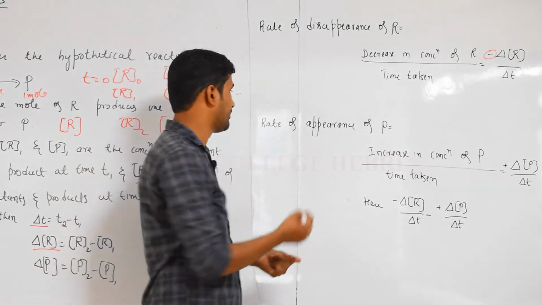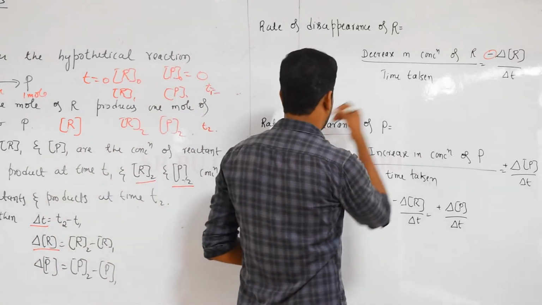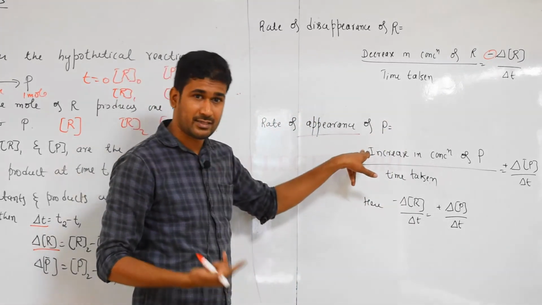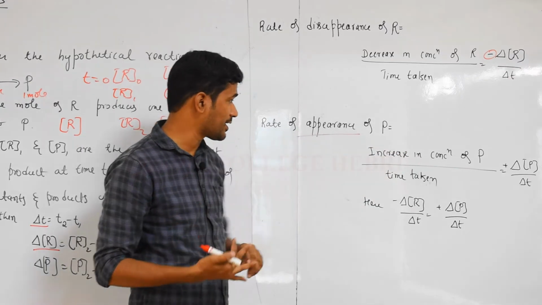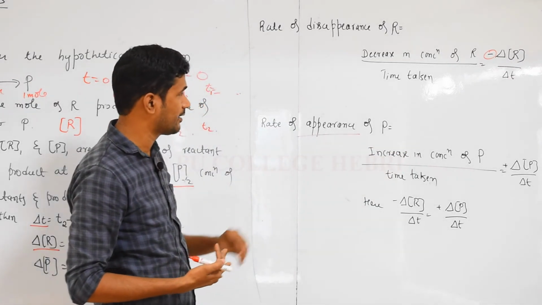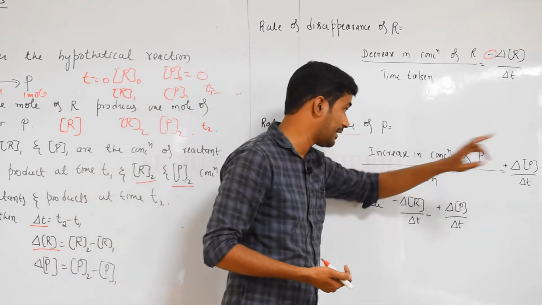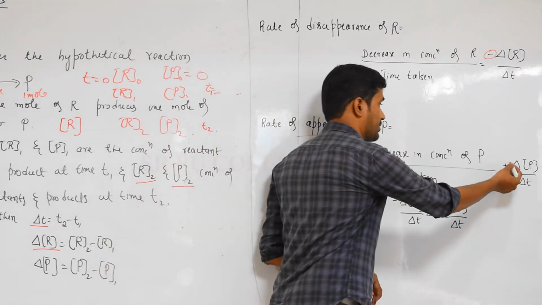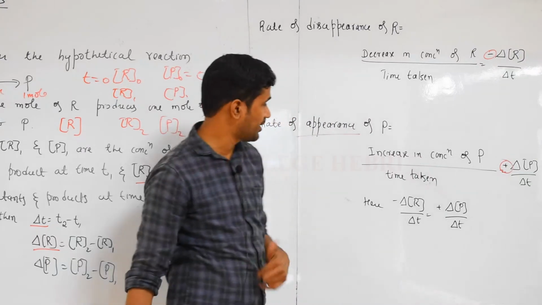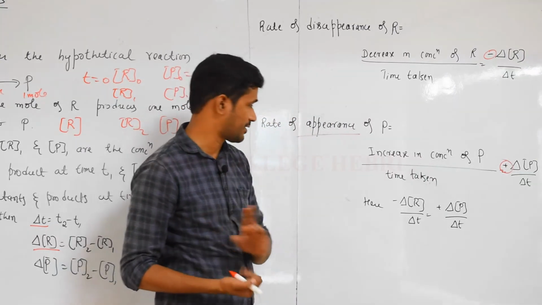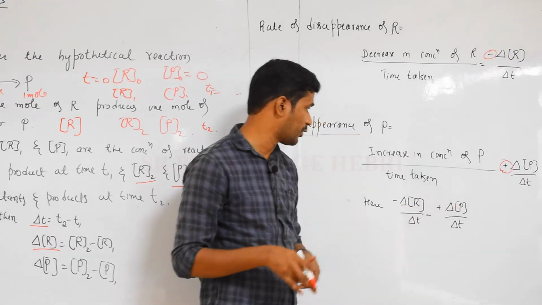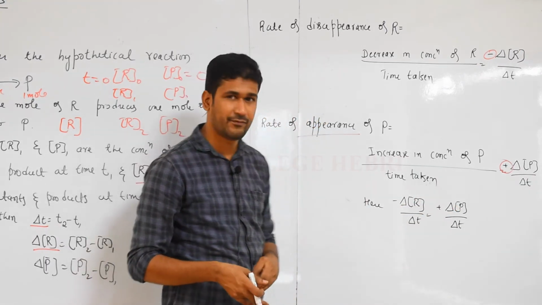At the same time, in terms of product, we can write the rate of appearance of product P as the increase in concentration of P divided by time taken, that is plus delta P by delta t. Why is it plus? Because the concentration increases. In any reaction, the rate of disappearance of reactant is always equal to the rate of appearance of product.